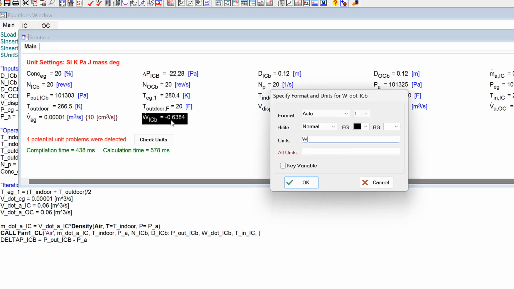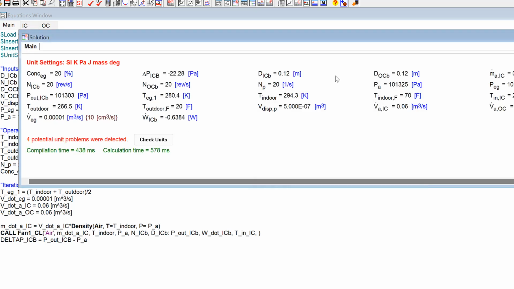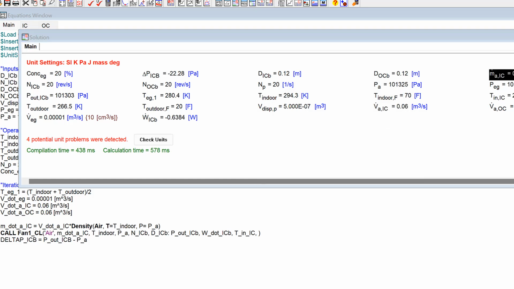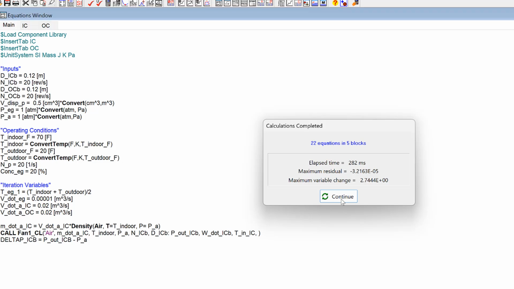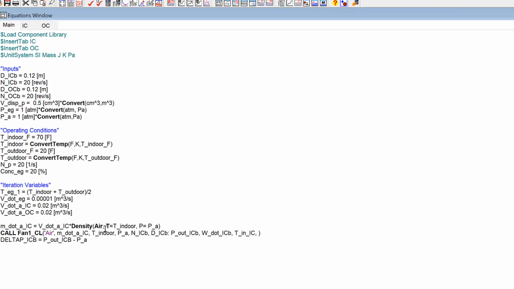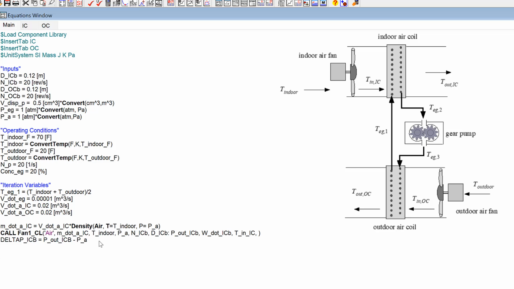My guess is too high, so I'll go back and change that guess here in a second. Let's get all my units squared away. There, so that's a positive pressure rise, and you can see now I'm getting positive powers and things like that. So that's the first component.